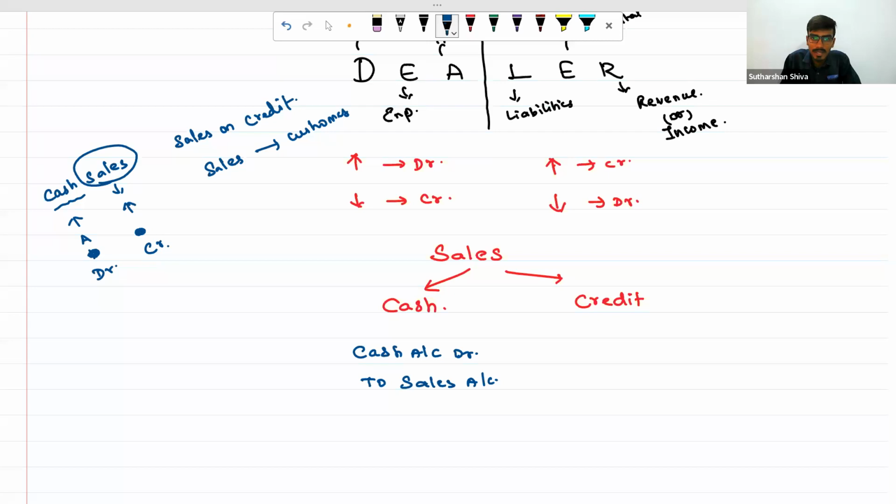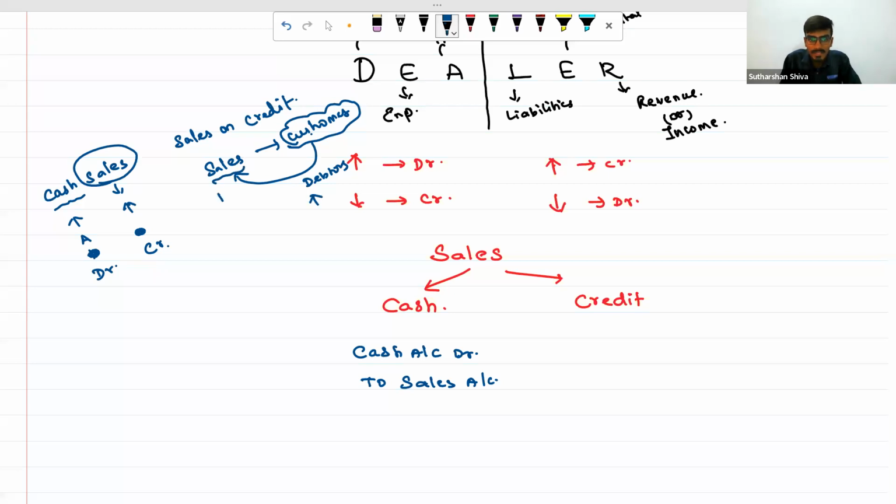So this customer needs to pay back the amount. For the customer it is a credit. From my seller point of view, it is something which I need to receive, so I will treat it as an asset. This customer will act as a debtor. Debtors value will increase.